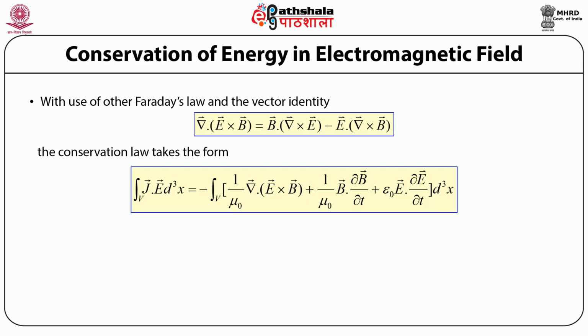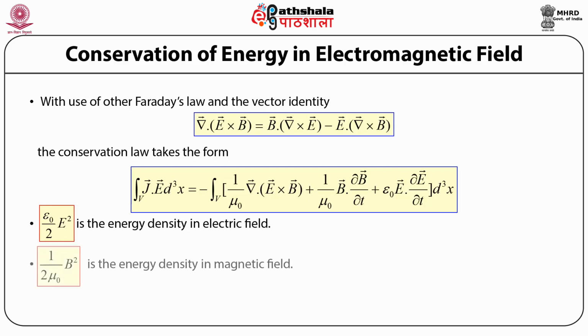So here, if we look at the second expression on the right hand side, this expression can be written as ε0/2 times E², where E is the electric field, and this gives the energy density in the electric field. The third term gives 1/(2μ0) times the square of the magnetic field induction vector B, which is the energy density in the magnetic field.